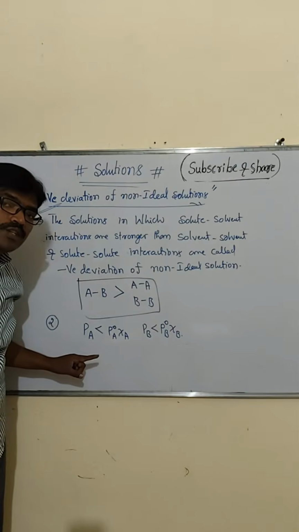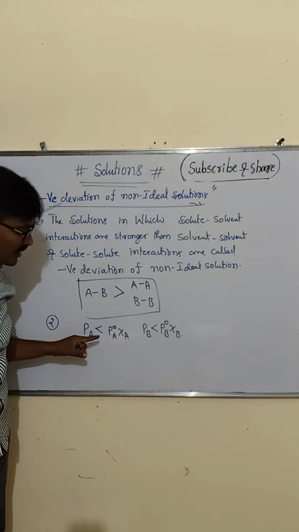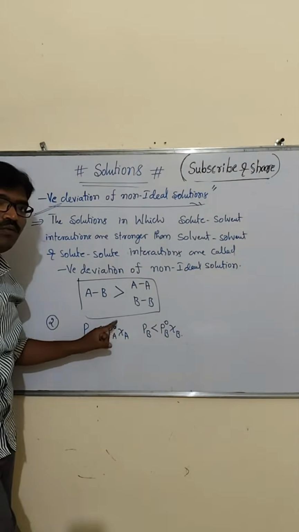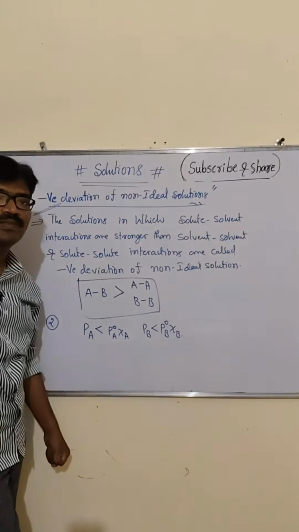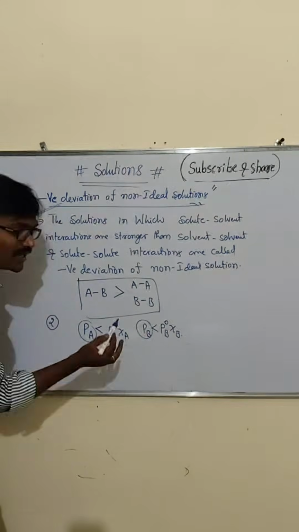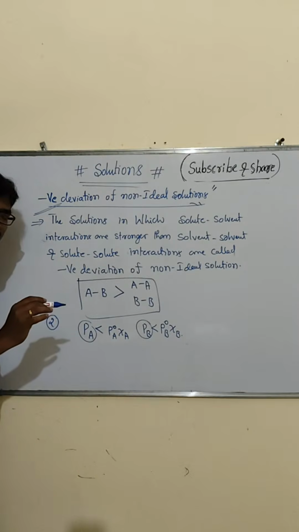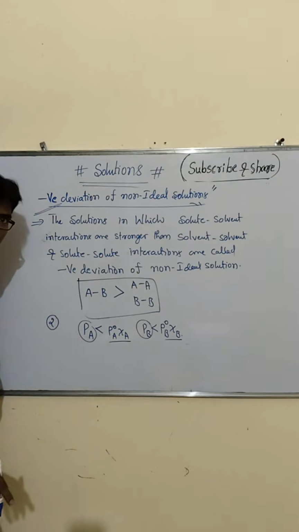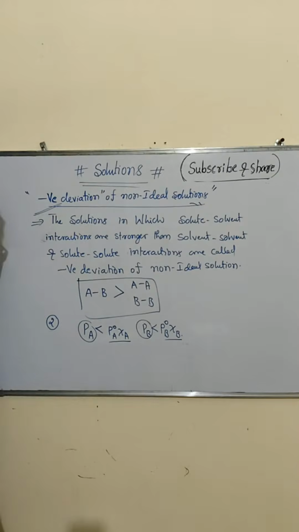The partial pressure of each component, as well as P total, is less than what we calculate from Raoult's law. So the partial pressure of component A and component B in the solution is less than what we expect from Raoult's law. That type of solution we call negative deviation of non-ideal solutions.